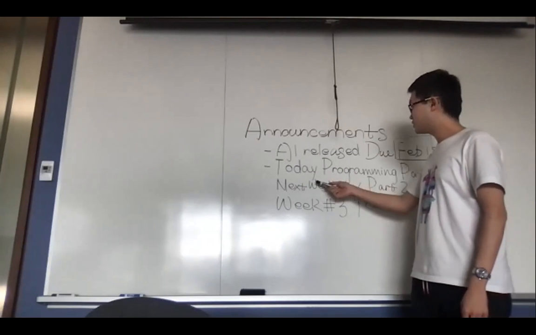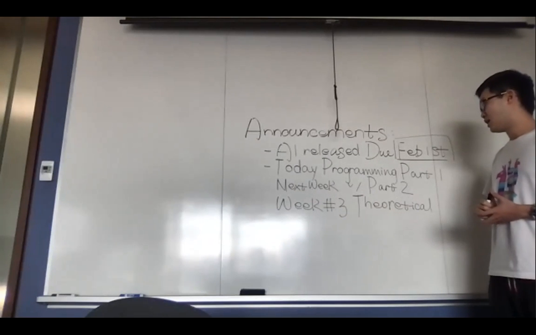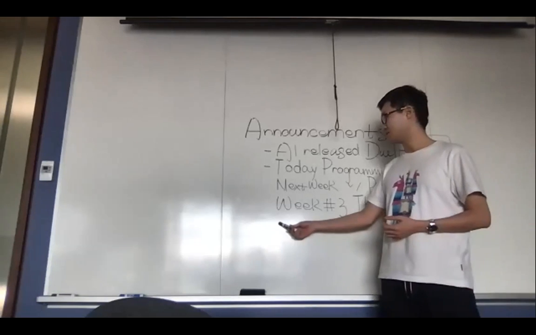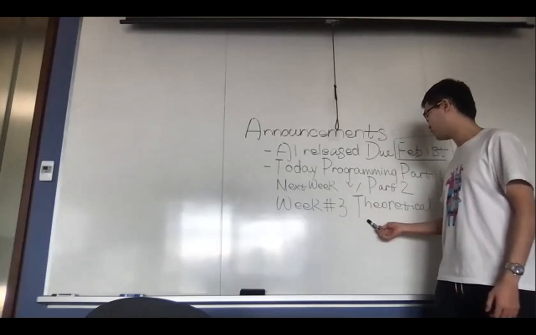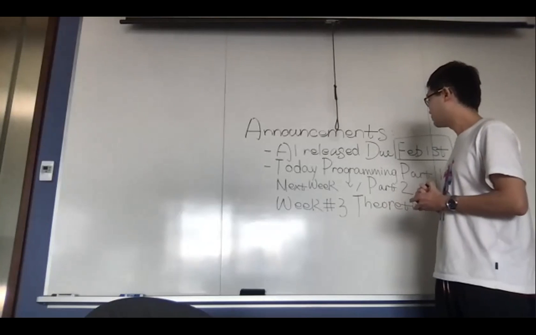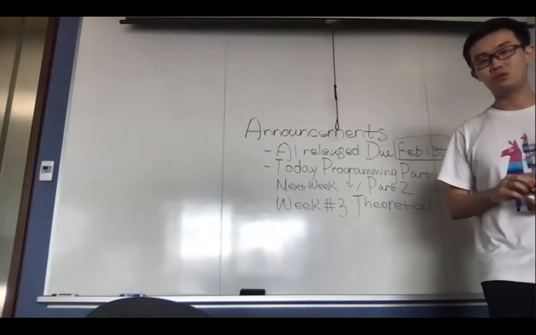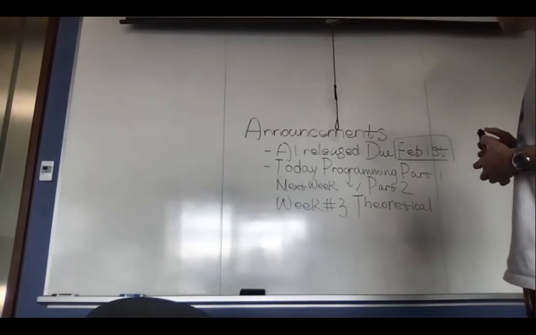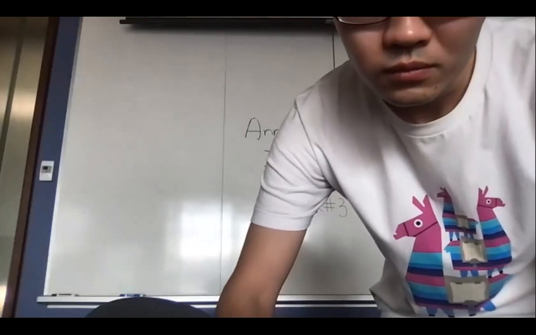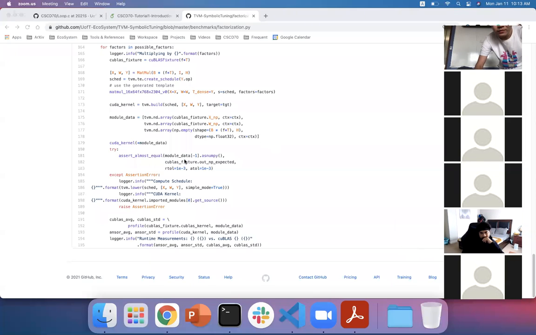In today's tutorial, we'll be discussing the first half of the programming assignment, and in tutorial number 2, the second half. In the third week, we'll be discussing the theoretical questions. Any questions before going into today's tutorial slides? If not, let me share the screen.